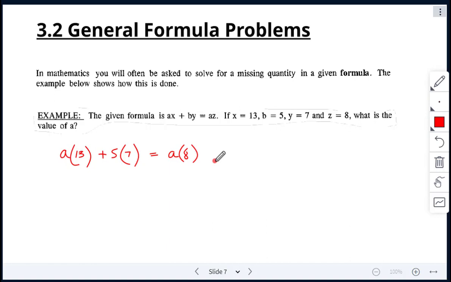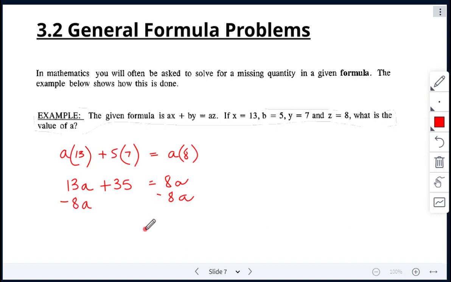All right, so all I've done so far is just substituted. Now I'm going to multiply out. So 13 times a becomes 13a. And then we have 5 times 7, so plus 35. And it's equal to a times 8, which we can just write as 8a. Okay, so next we're gonna collect like terms. We want our variable on one side of the equation, so we'll subtract the 8a from the 13a.